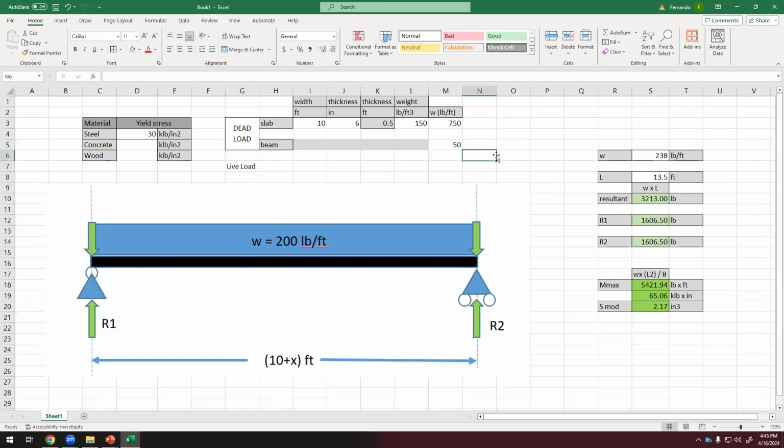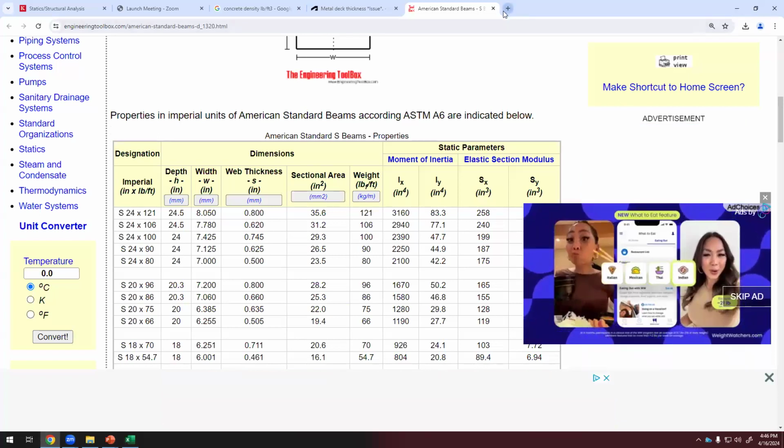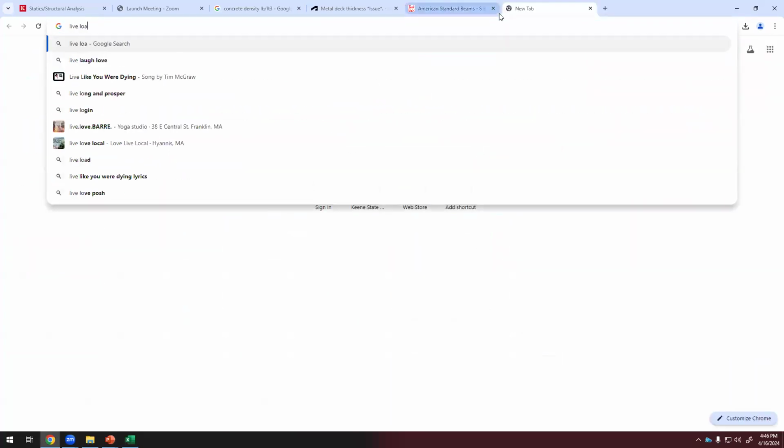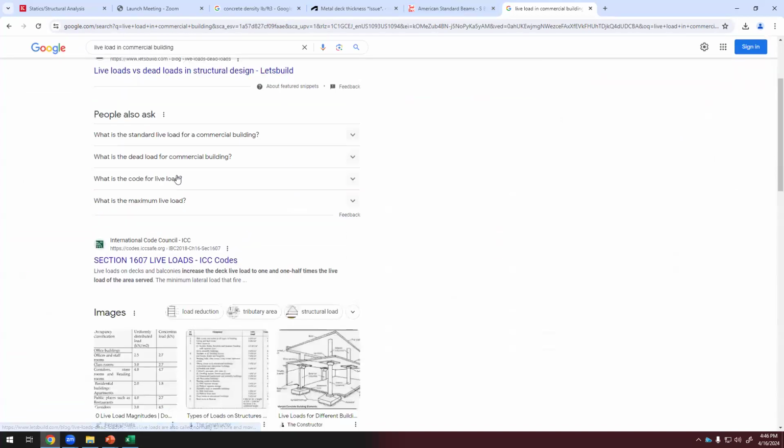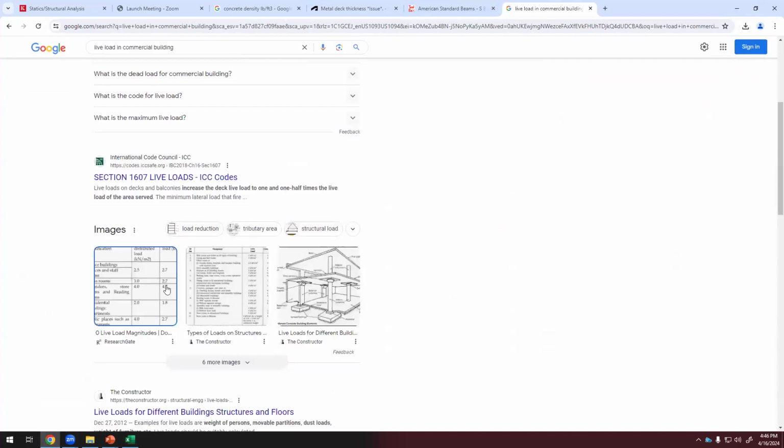And the live load, what is a live load in a live load in commercial buildings? Let's build here.